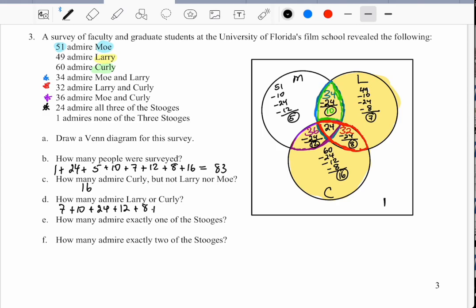and the 16. But if you think about it and just look at what we didn't shade in, that's anybody who's exclusively Moe or didn't like any of them. Like, I don't like any of the Three Stooges, right?